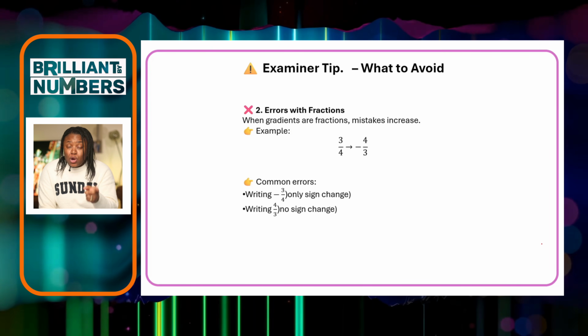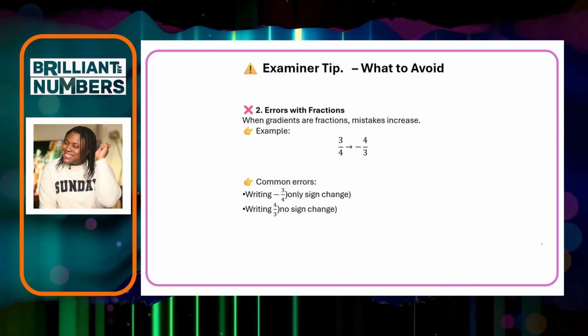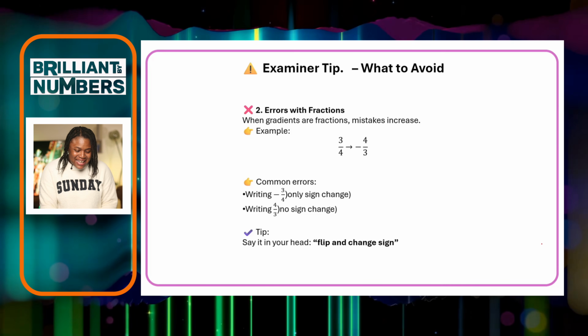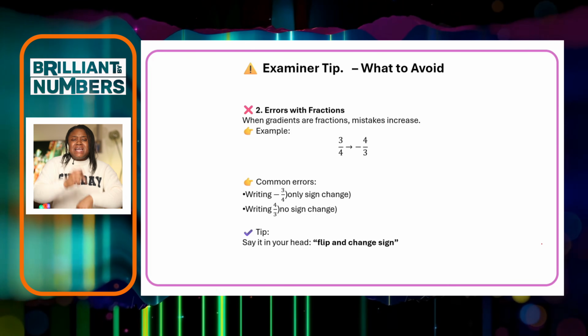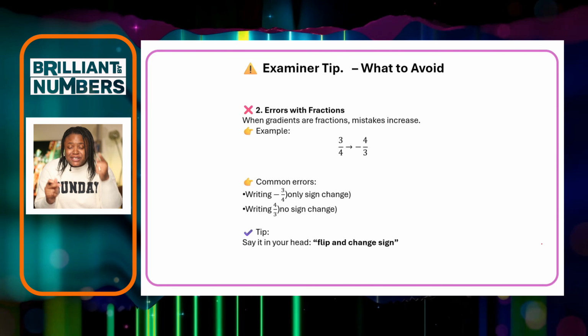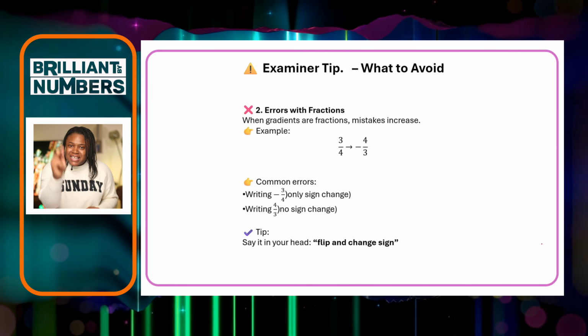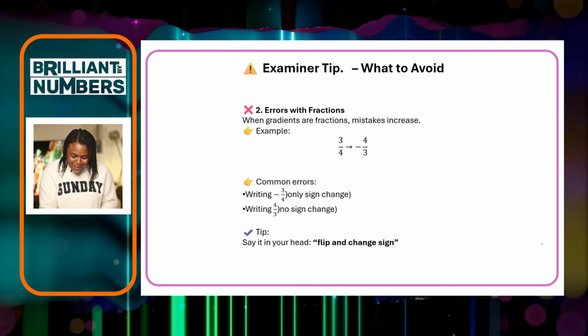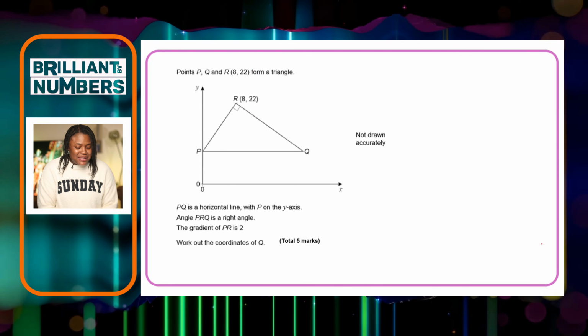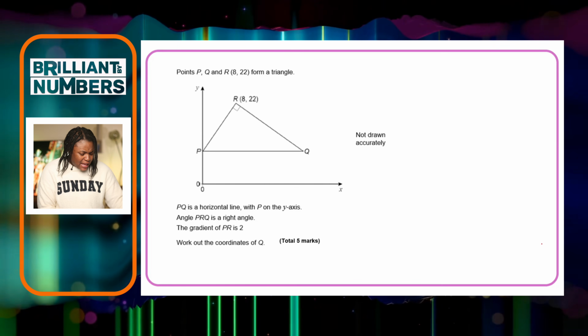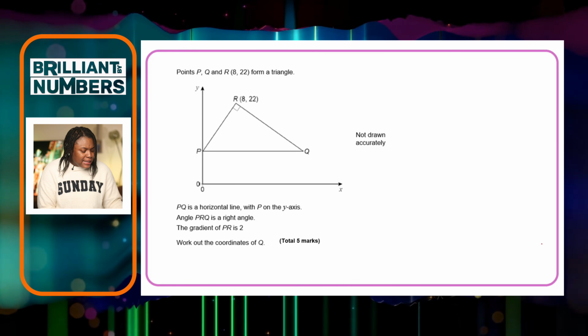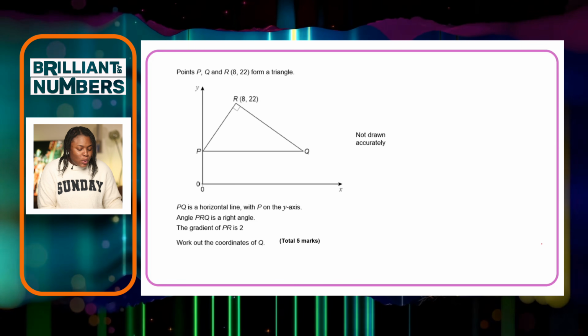That's not you. We are flipping and we are changing signs. Fantastic. So say it in your head: flip and change sign. I could hear that loud and clear coming back to me. Beautiful. So we will do this other question here, and then we are moving a little bit further.